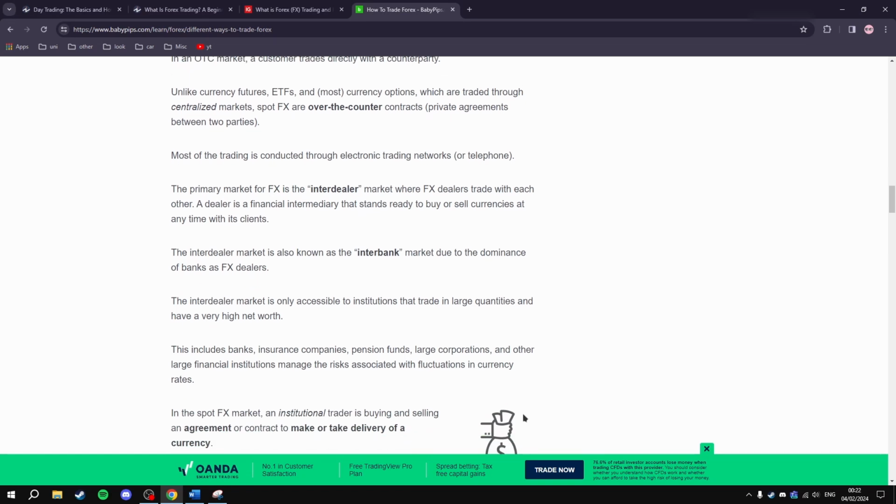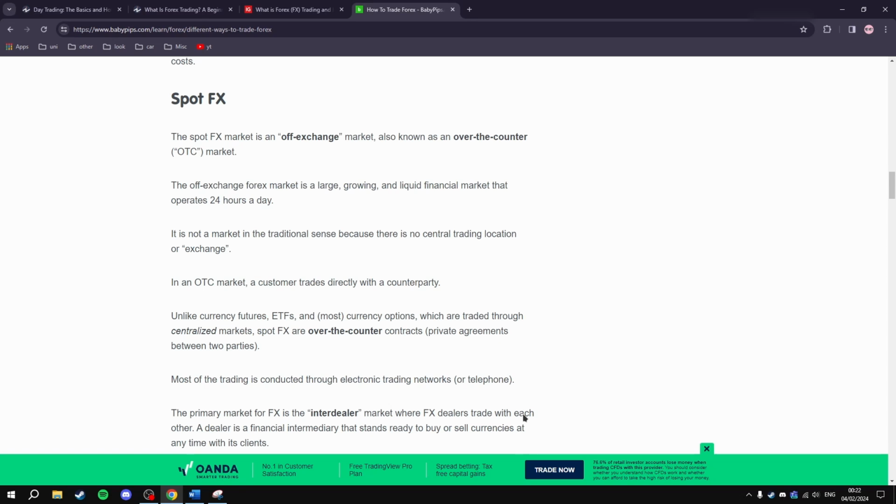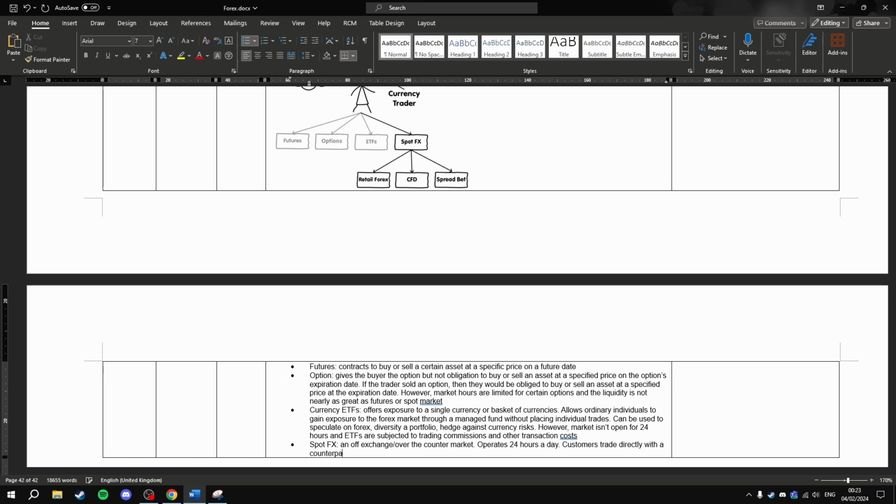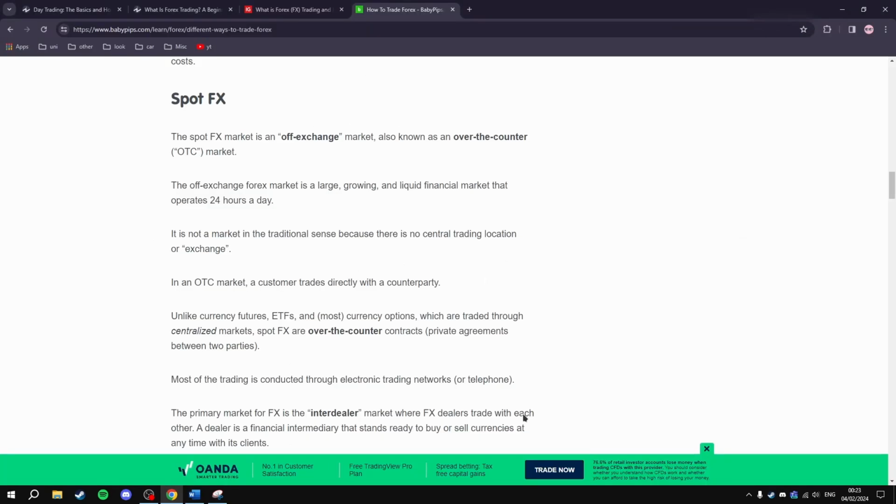Wait a second, this is a lot. So in an over-the-counter market, customers trade directly with a counterparty. Unlike futures, which are traded on centralized markets, there is no centralized market.